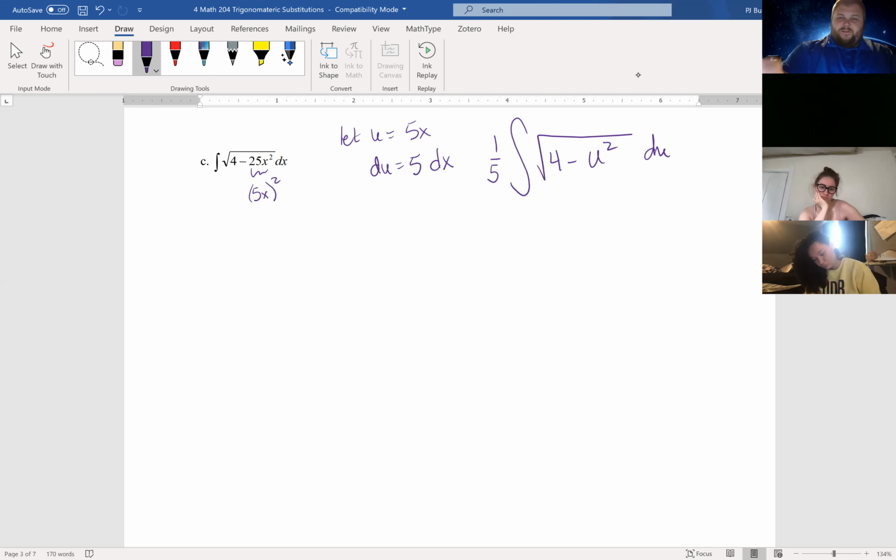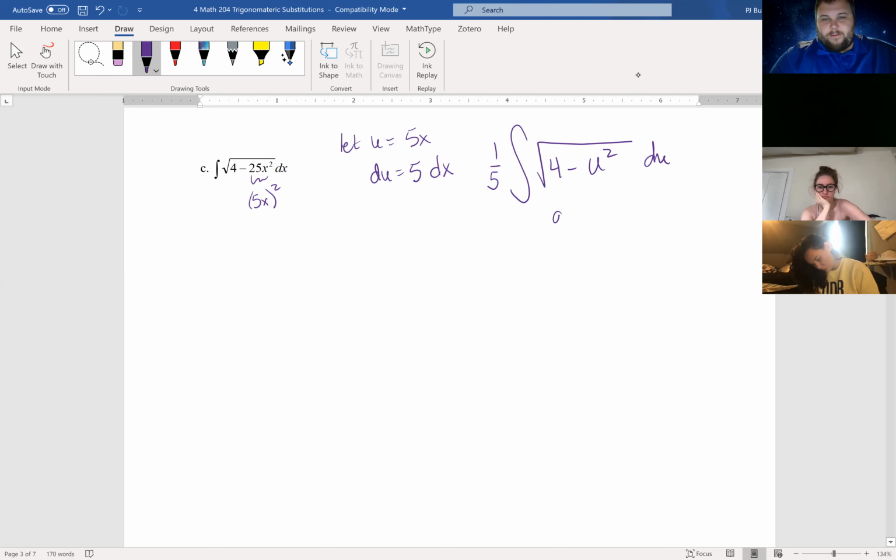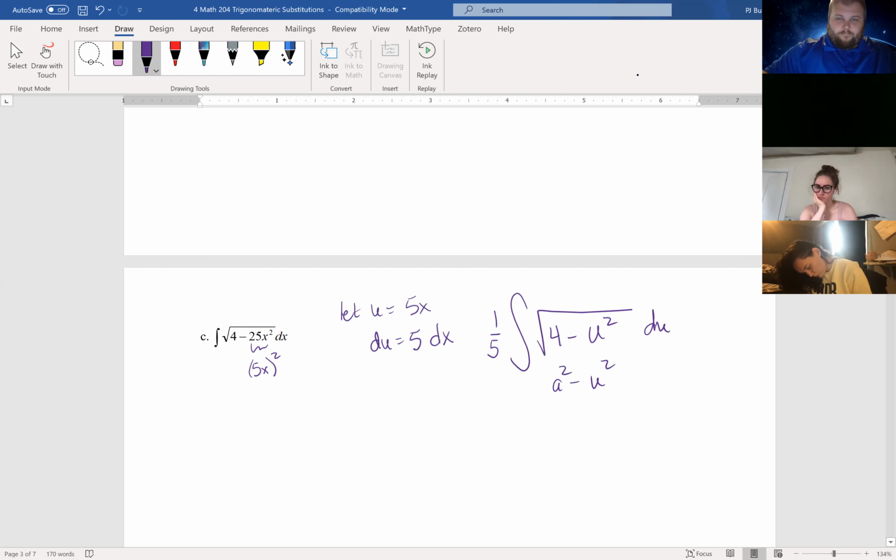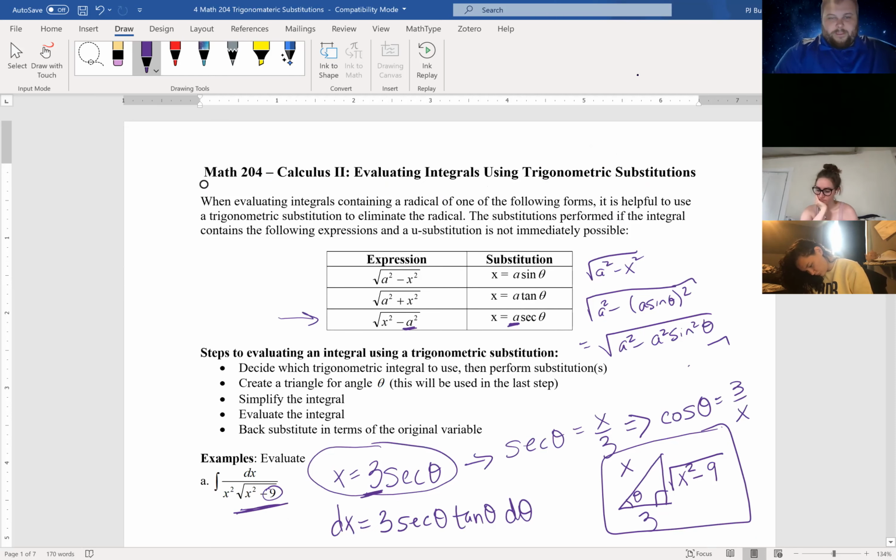So now we're looking for something that looks like a squared minus u squared, or x squared. So let's scroll back up. Looks like a squared minus the variable squared tells us to use x, or in this case u, equals a sine theta.